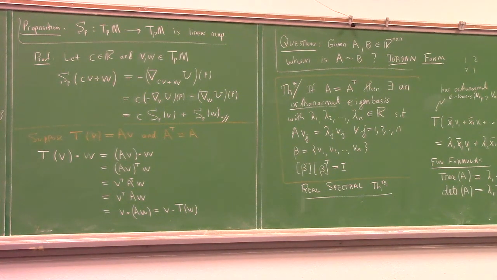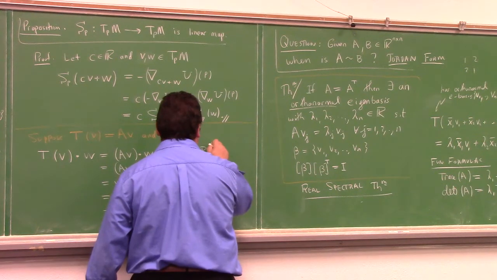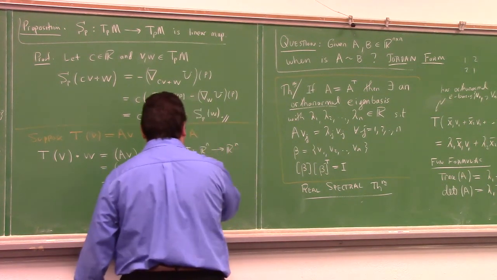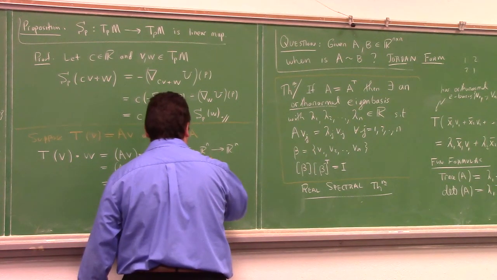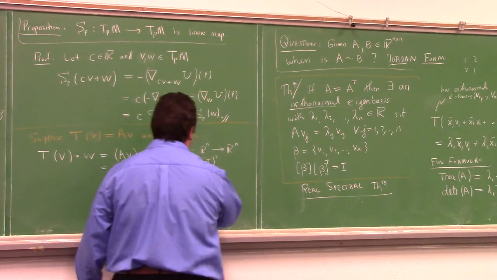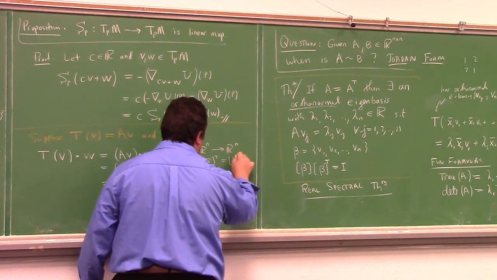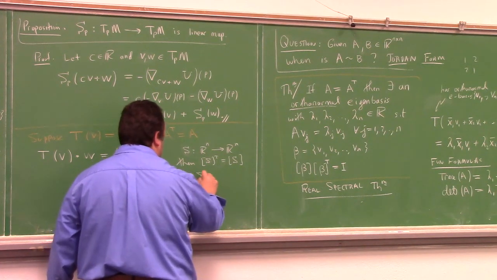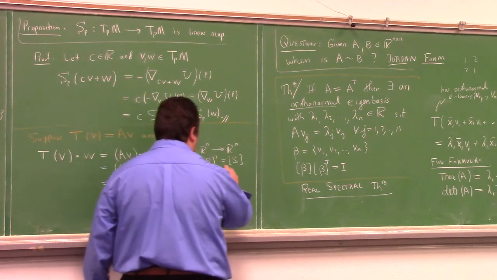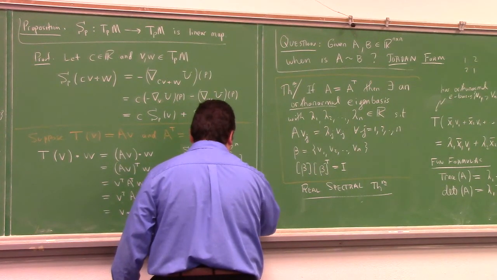I think this is if and only if. If we have S from R^n to R^n, then the matrix of S transpose is equal to the matrix of S if and only if S of v dot w is equal to v dot S of w for all v, w in R^n.